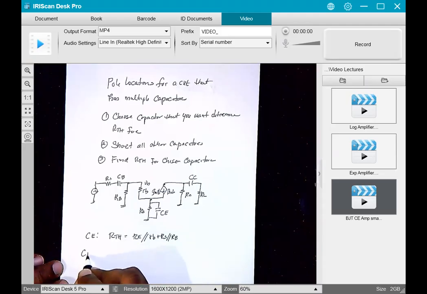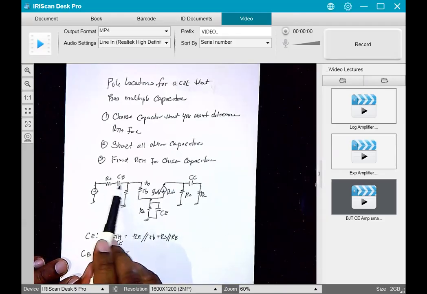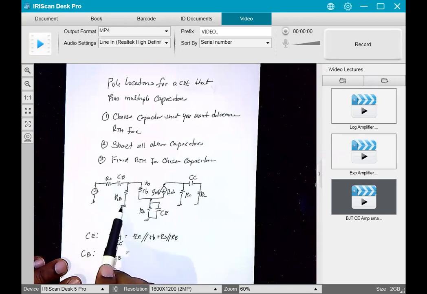And then for CB, R Thevenin, let's call it CB. This is CE. It's going to be what? The Thevenin resistance seen across these terminals here. The voltage source goes to 0, so it's just RS plus RB.